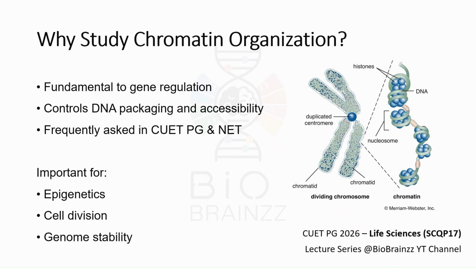It plays a central role in epigenetics, where chemical modifications on DNA and histones regulate gene expression without changing the DNA sequence. It is also crucial for cell division because chromosomes must condense properly during mitosis and meiosis to ensure correct segregation. And finally, chromatin structure maintains genome stability.